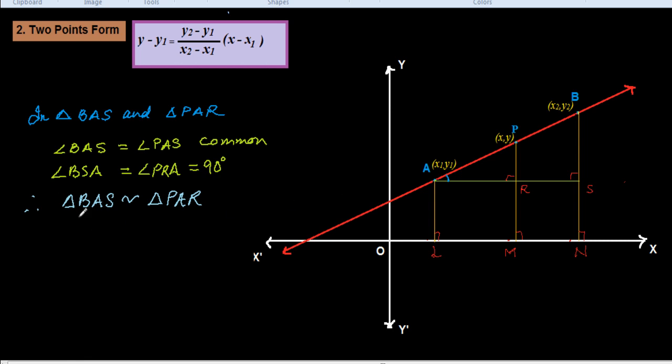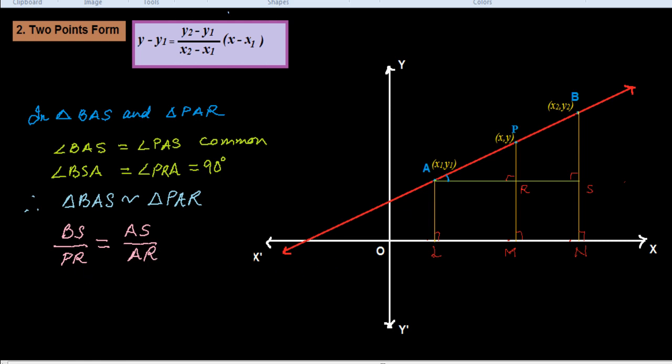So we will write here that AS and AR are proportional, and BS and PR. So BS upon PR, corresponding sides, is equal to AS upon AR. Is it clear now?